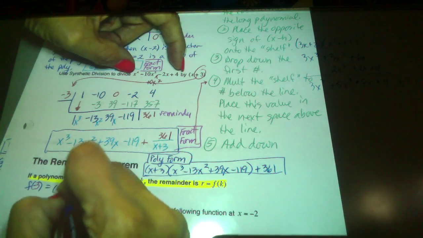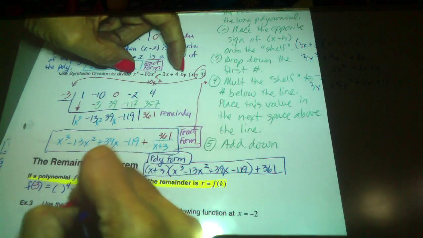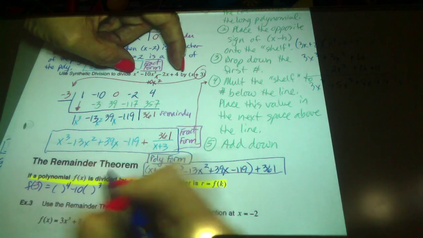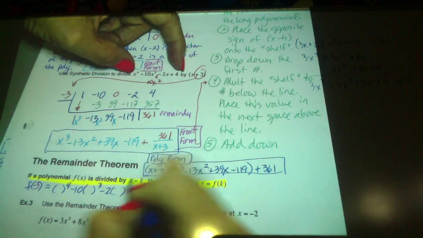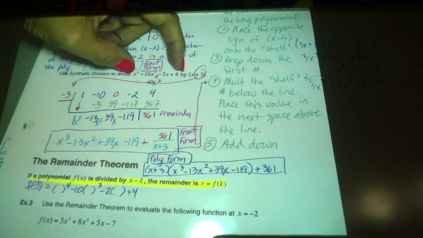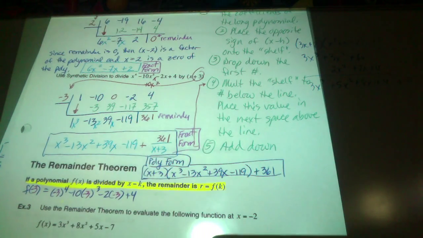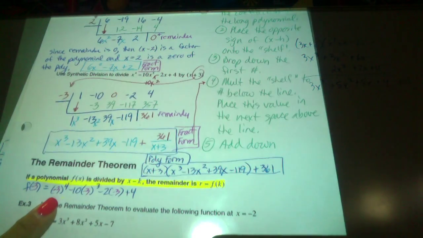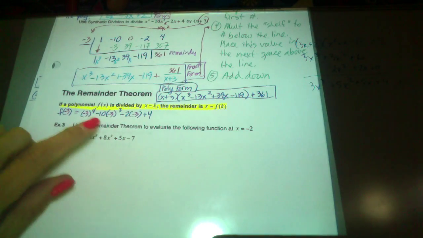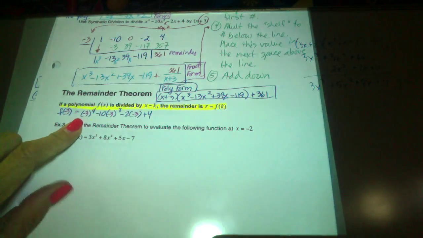So I would have something to the fourth minus 10 times something cubed minus 2 times something plus 4. So I would put in here -3, -3, -3. How fun would it be to take -3 to the fourth power?